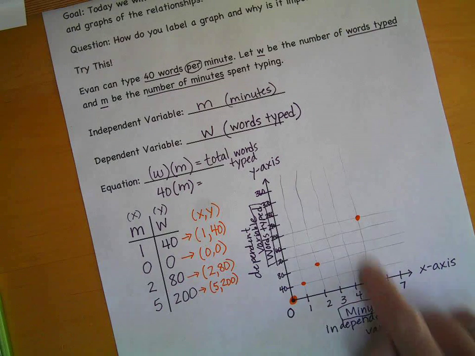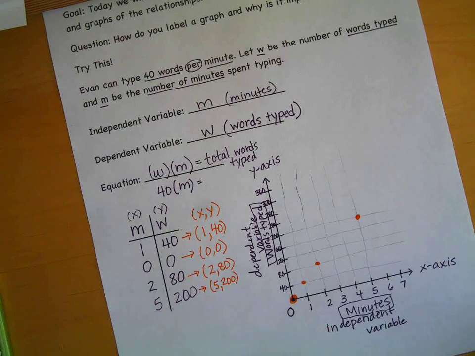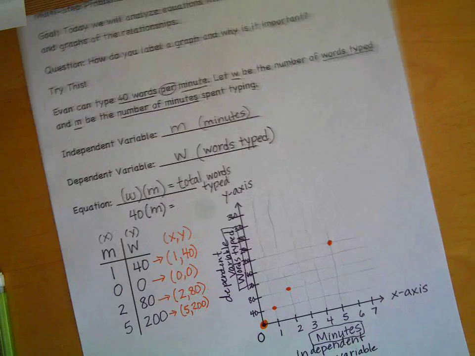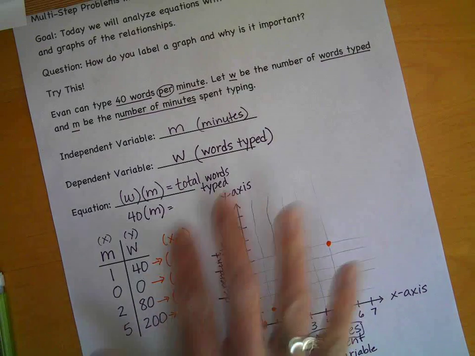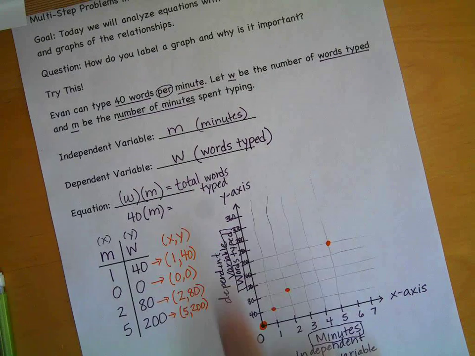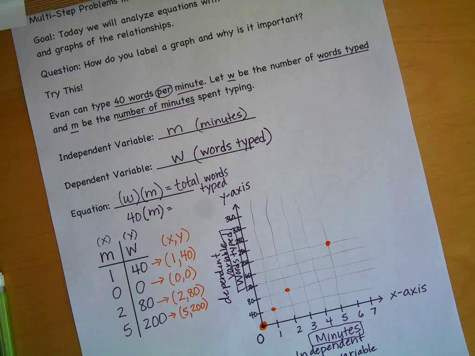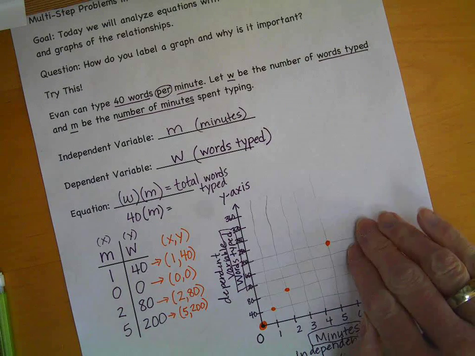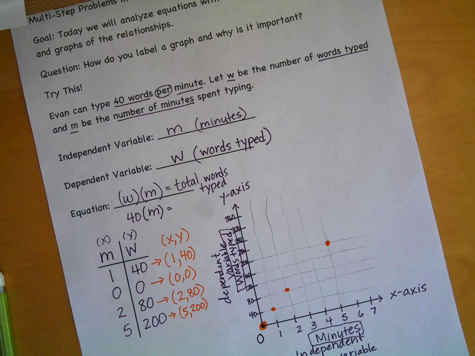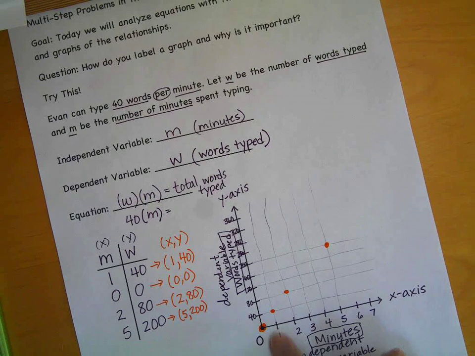So this 1 collides with the 40, this 2 collides with the 80, and this 5 collides with the 200, which is what it's supposed to be on your graph. Okay? And so now you know how to plot your ordered pairs, which were built from your independent variable and your dependent variable, so that we can see the pattern or the relationship that is working with this.